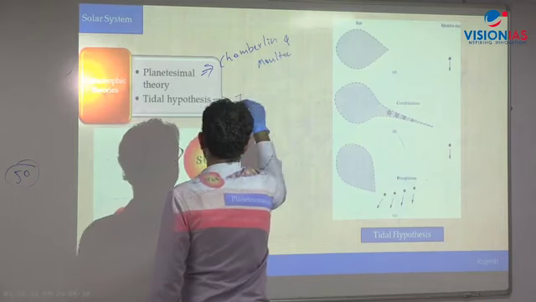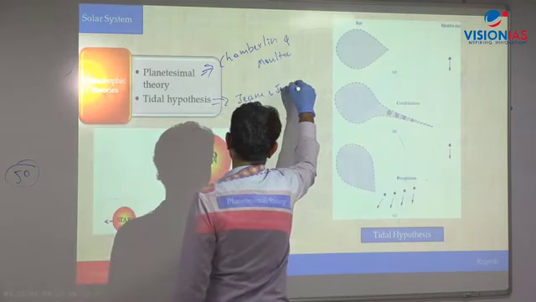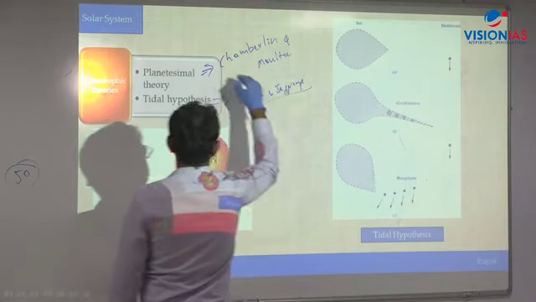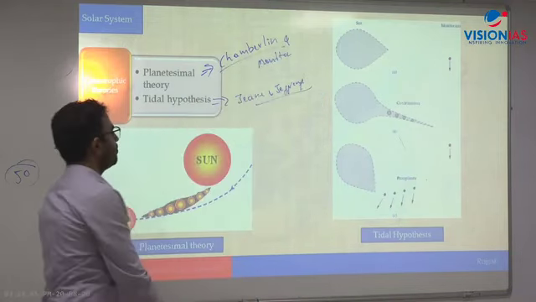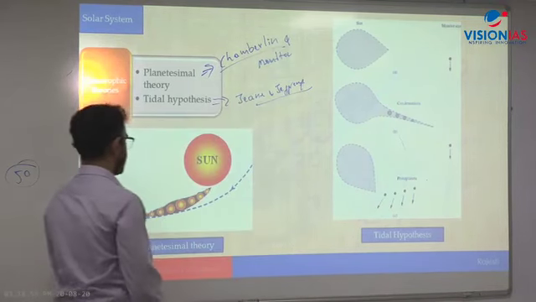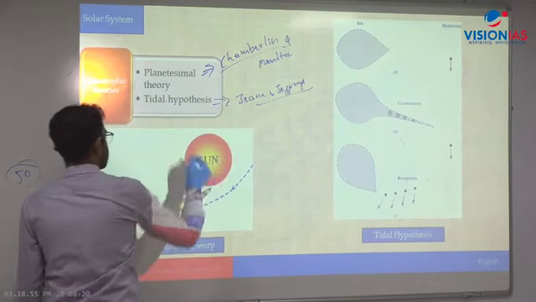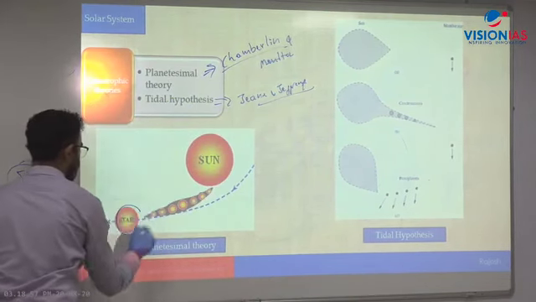The tidal hypothesis was given by Jeans and Jeffries. In both the cases there was a sun already existing. There was the sun. And in both the cases it assumes that along with the sun, nearby there was another star.